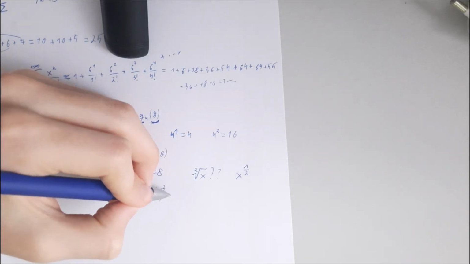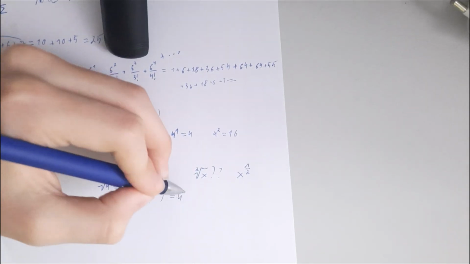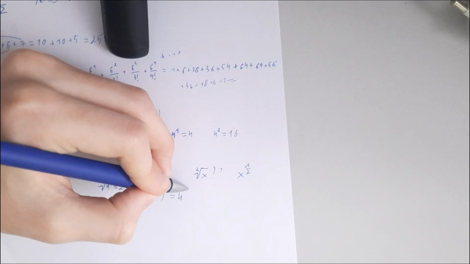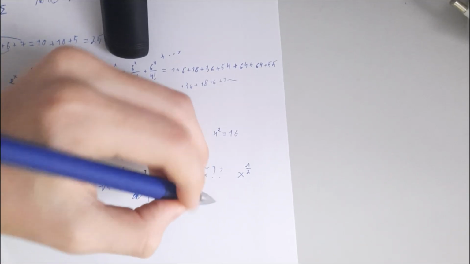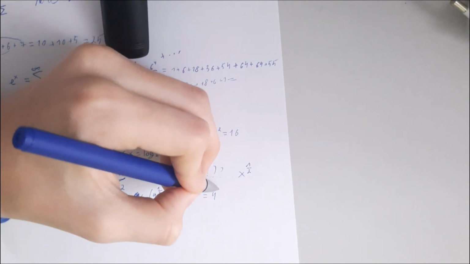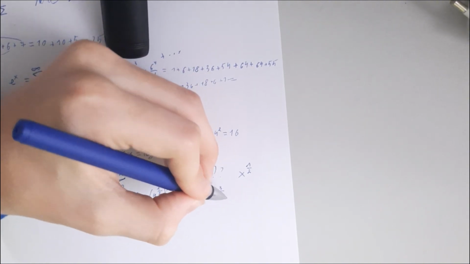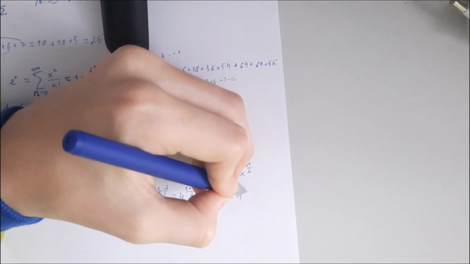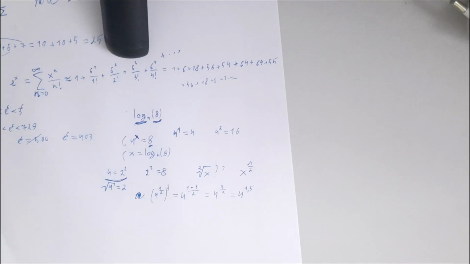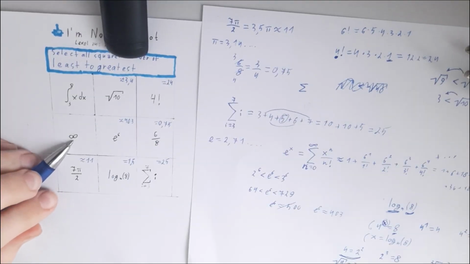And if we remove the brackets, we will have 4 to the power of 1 multiplied by 3 divided by 2. So 4 to the power of 3 divided by 2, so 4 to the power of 1.5. And that's our answer.